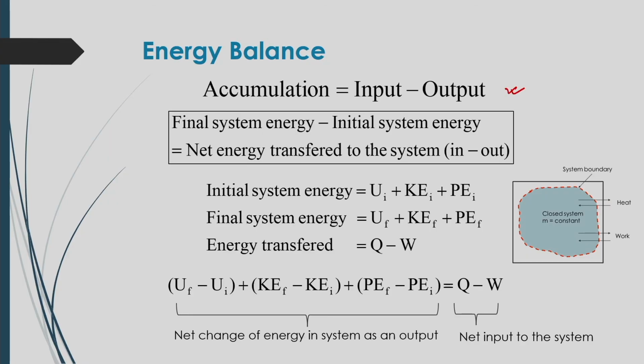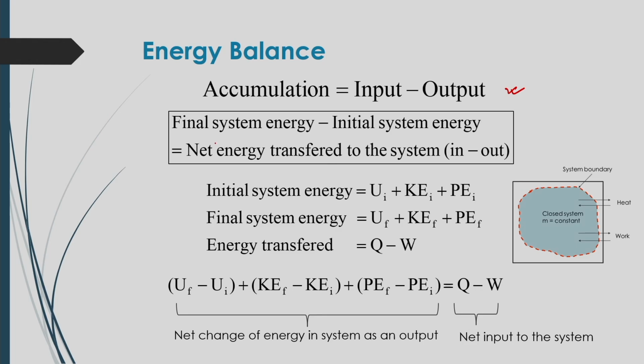If it is an unsteady state operation, heat is gained and lost, and there will be some accumulation of heat energy. So there will be some accumulation, some input of energy, and some output of energy. The accumulation is based on the energy in the final system, the energy in the initial system, and the net energy transferred to the system to change the final system energy from its initial system energy.